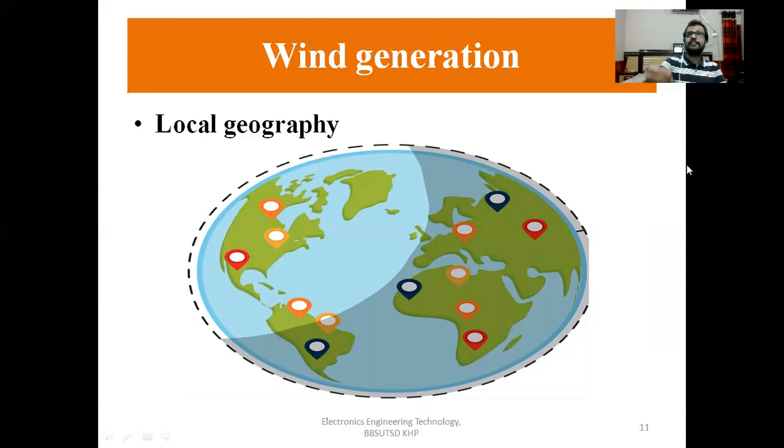So the frictional drag and obstructions near the Earth's surface slow the wind speed and induce a phenomenon known as wind shear.